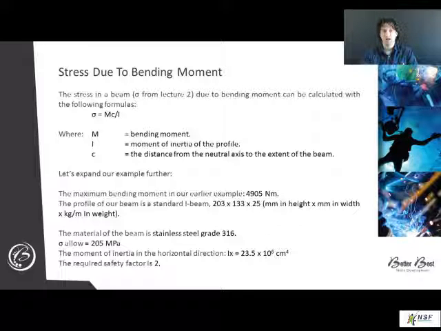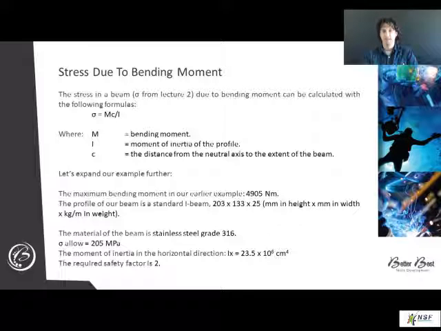The profile of our beam is a standard I-beam with a moment of inertia equal to 23.5 times 10 to the minus 6 meters to the fourth. The material of the beam is stainless steel grade 316 with an allowable stress of 205 megapascals and a required safety factor of 2. These are determined by building codes.